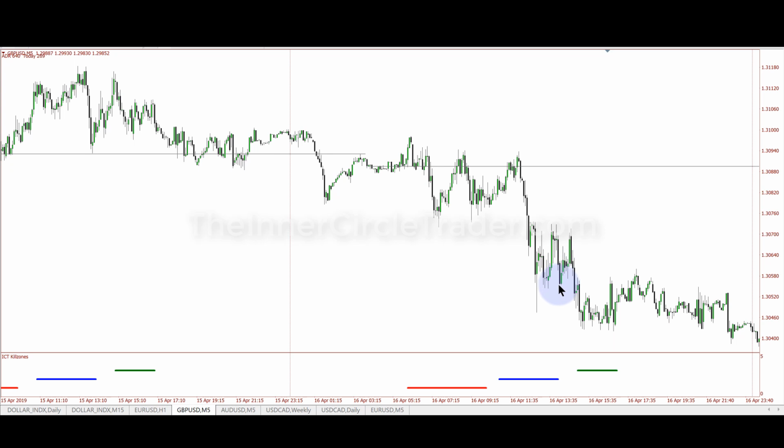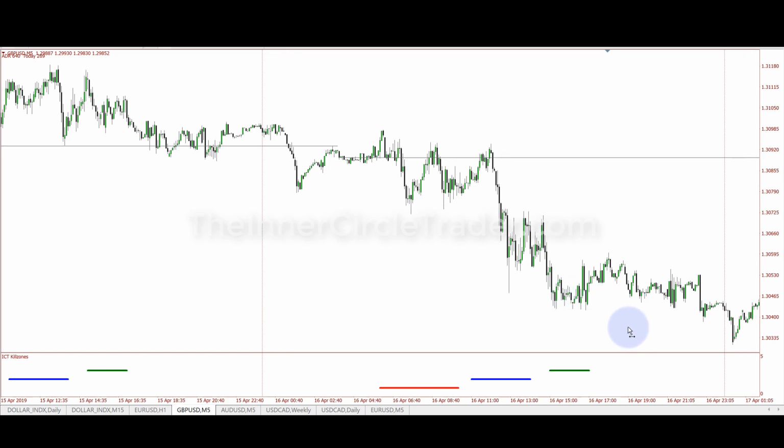And again, that fill is 1306. And it runs to 3042 and 3047. So it goes 5 pips below, interestingly enough, below the New York open session low.